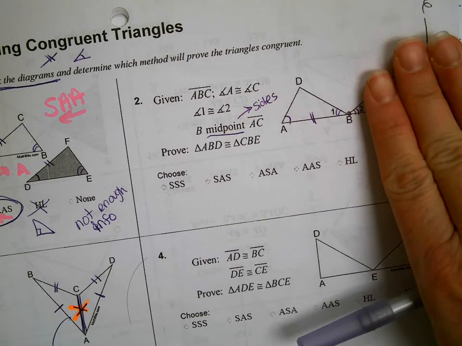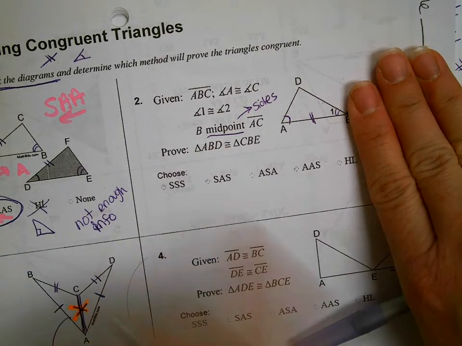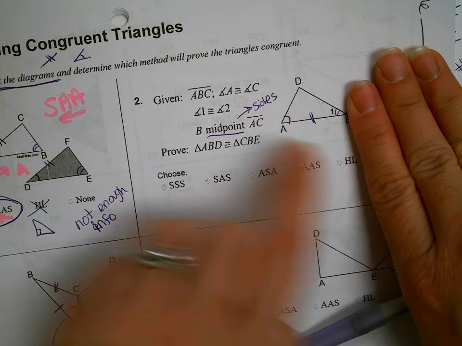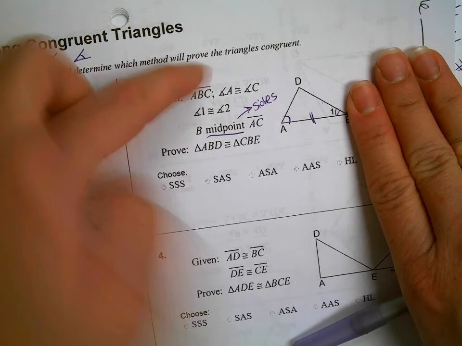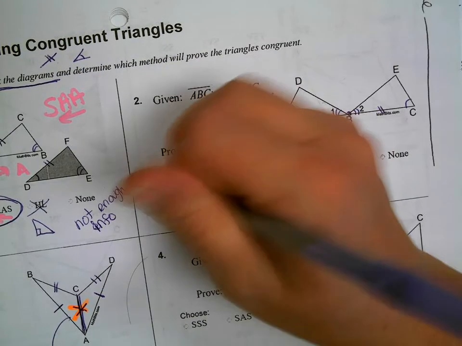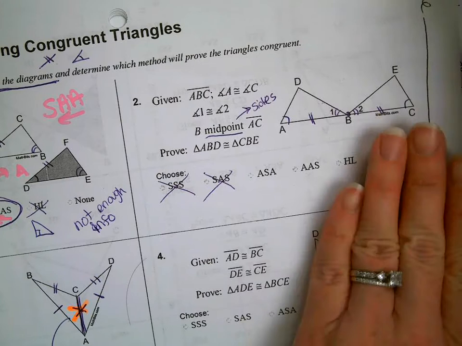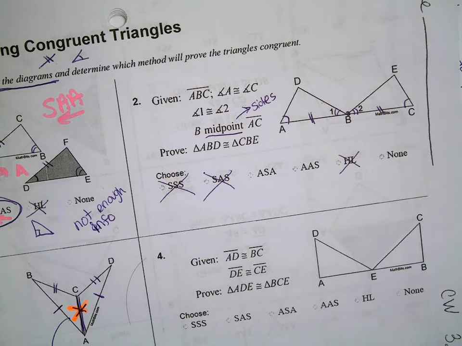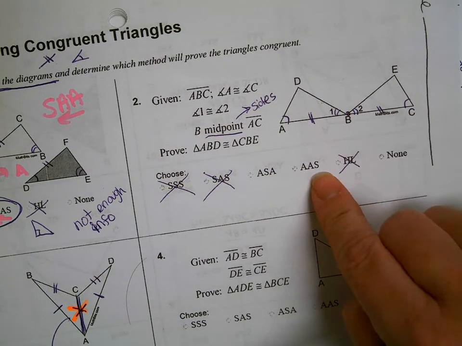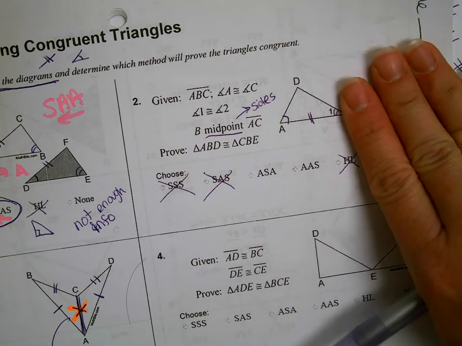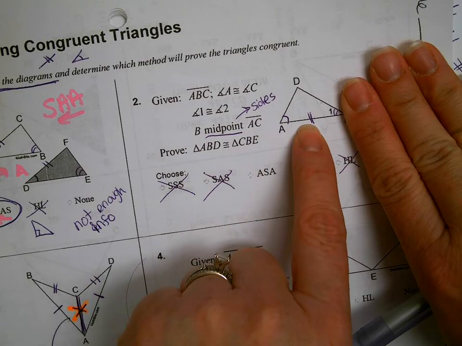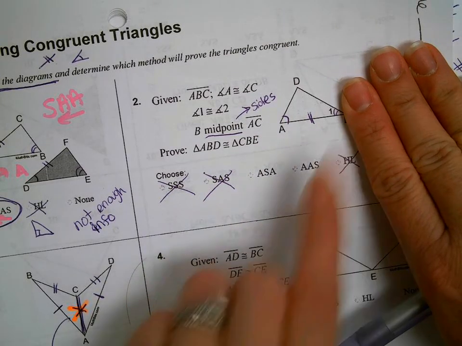And again, we cover up one triangle. Okay, we start looking at our markings. Well, I have two sets of angles. So I'm going to eliminate side, side, side, and side, angle, side. There's no right triangles. So now I'm between these options. Covering up one picture, there's an angle marking, a side marking, and an angle marking.